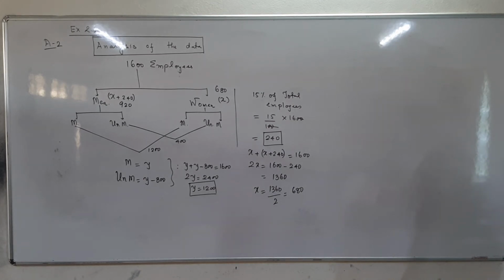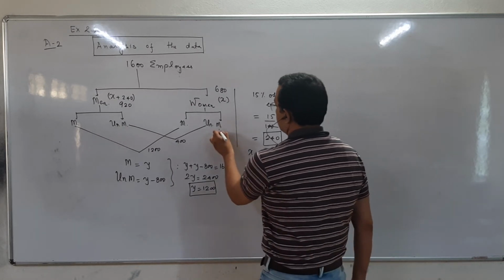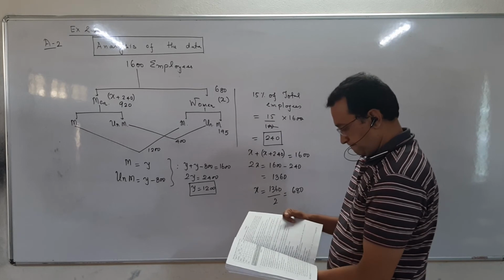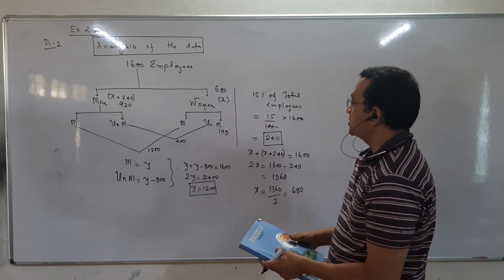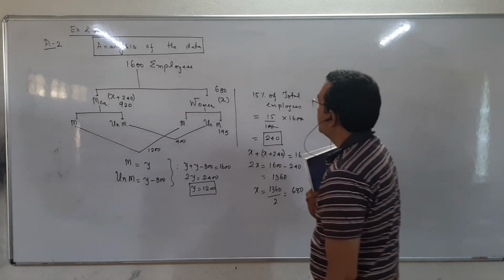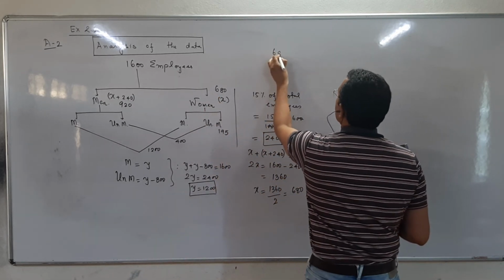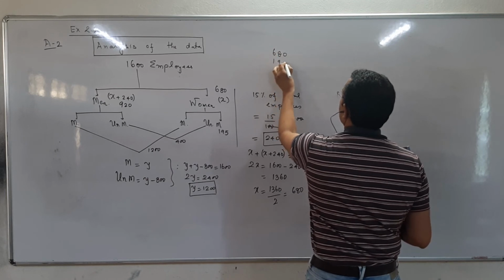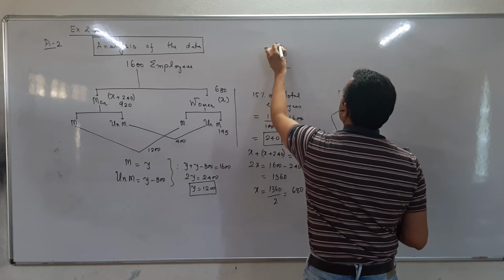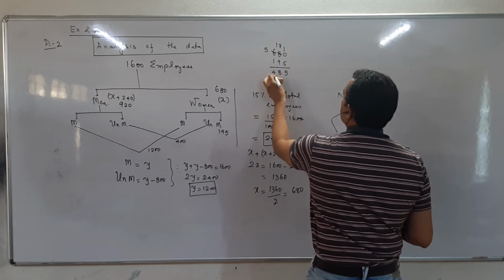The number of unmarried women is given as 195. So that's all. So how many married women will we have? 680 minus 195. This will change to 5, this will change to 17, this is 5, this is 8, and this is 4.